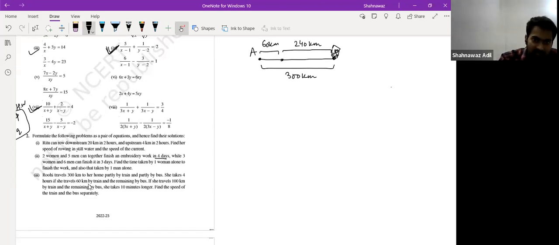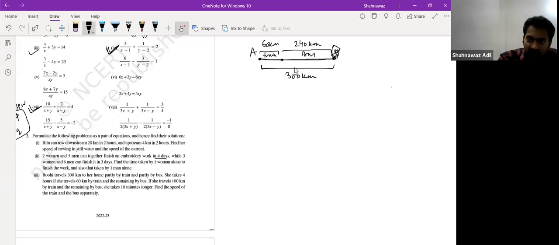60 kilometer by train and then by bus, right? The total distance is 300 kilometer.